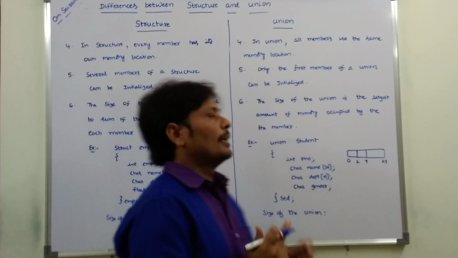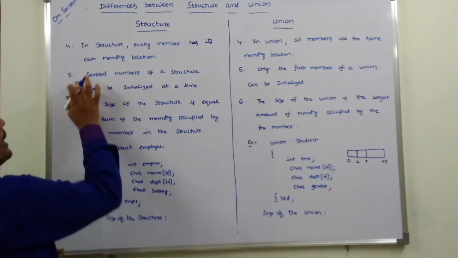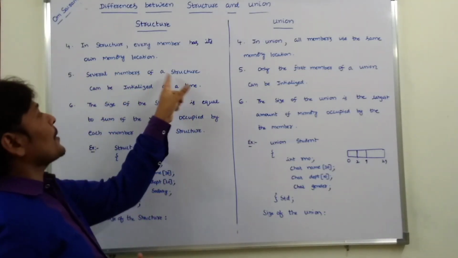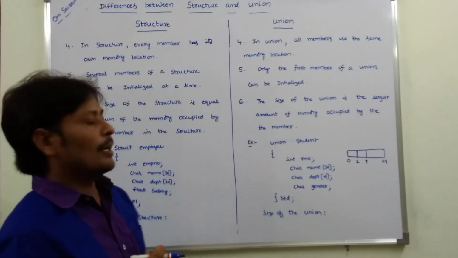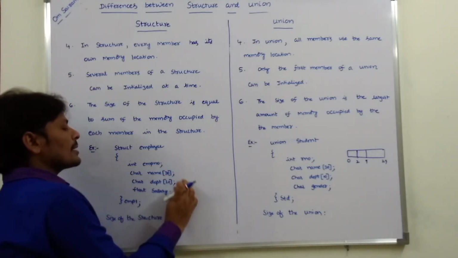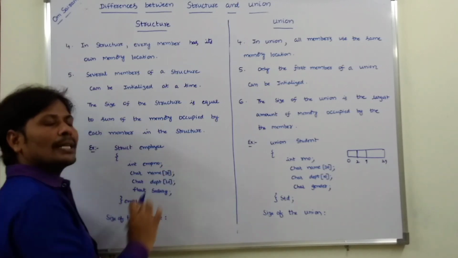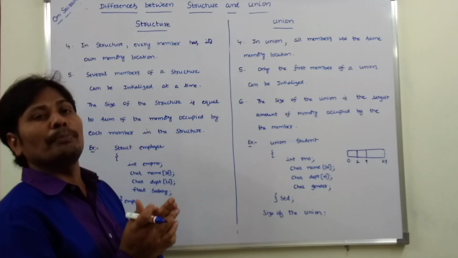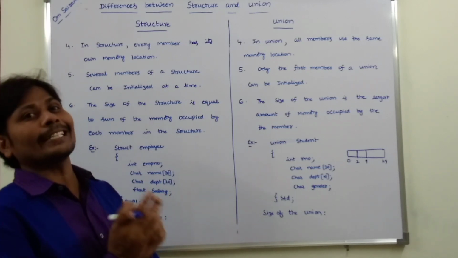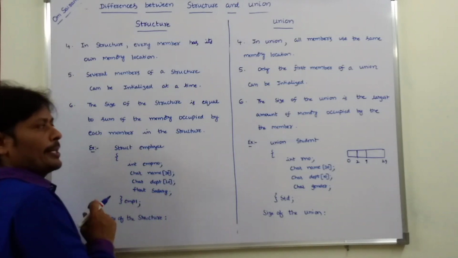Okay, next one. Several members of a structure can be initialized at a time. Here how many members are there? There are 4 members in the structure. All the 4 members can be initialized at a time in the case of structure.